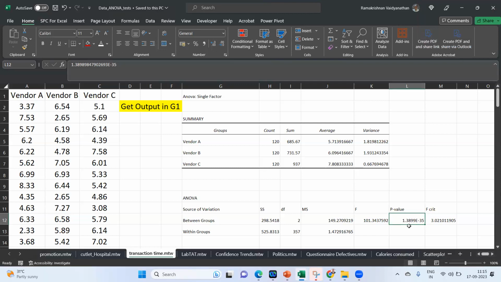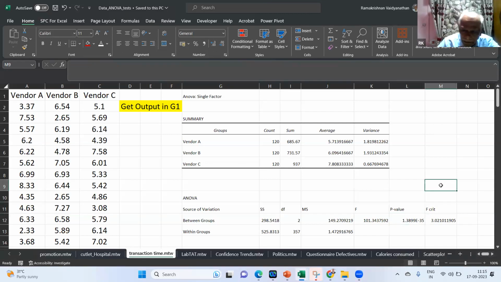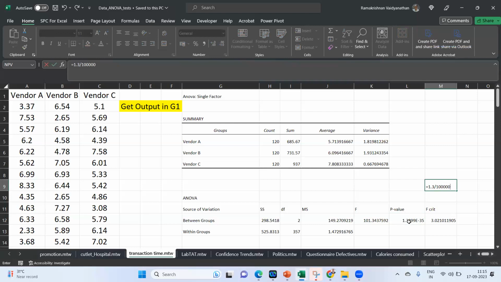Please note 1.39 capital E minus 35. This is nothing but 1.39 divided by 1 followed by 35 zeros.